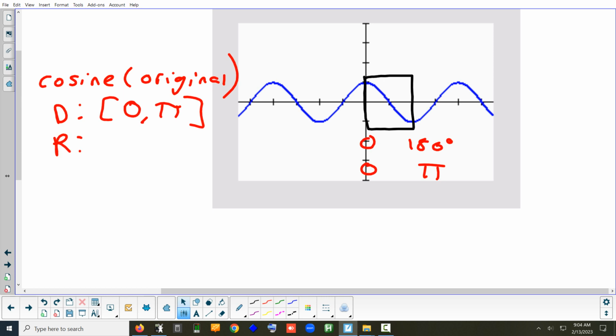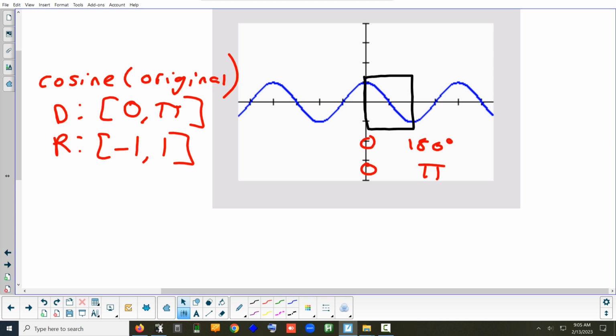And what's the range if you look inside that box? Yeah? Negative 1 to 1. Yep, negative 1 to 1. It's the same range as sine. Now, these are for original cosine. What's going to happen to the domain and range when we talk about the inverse?